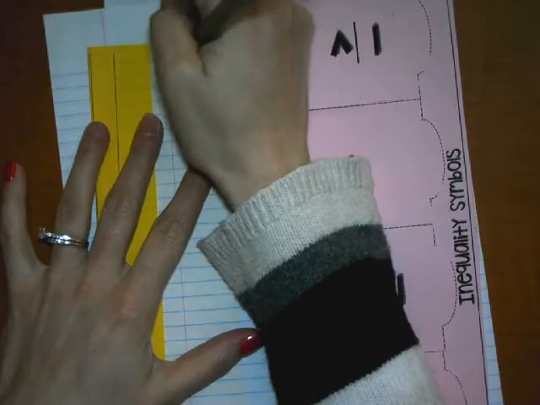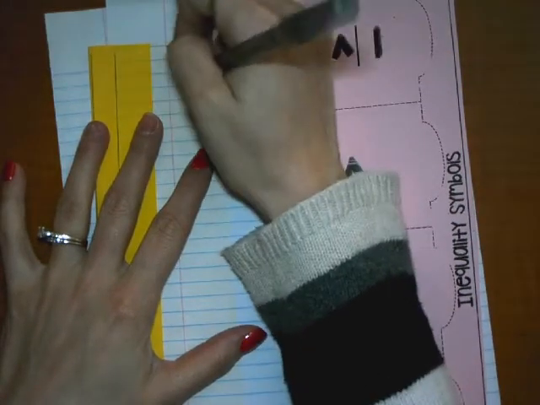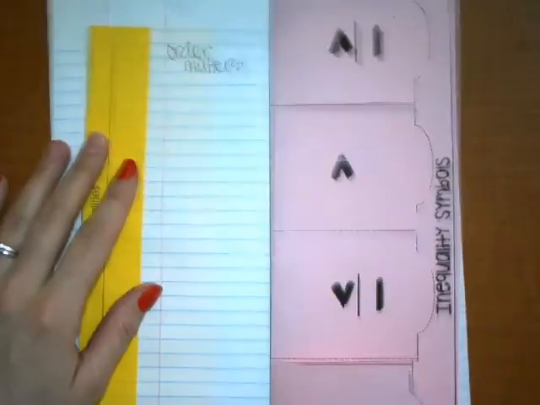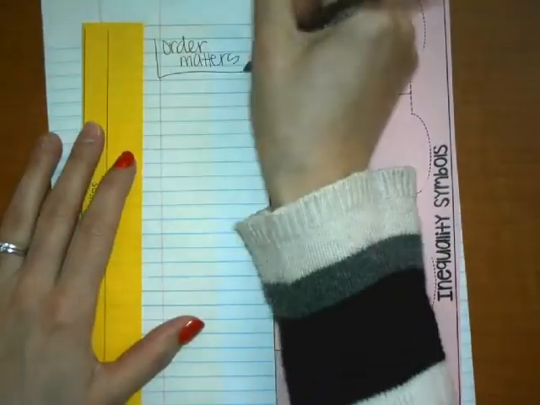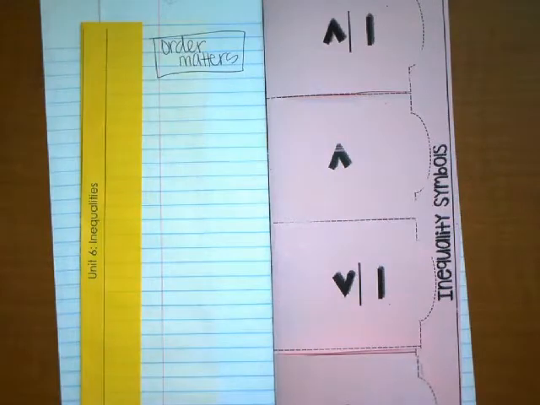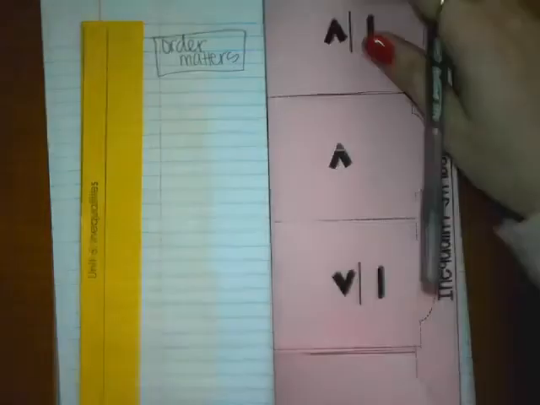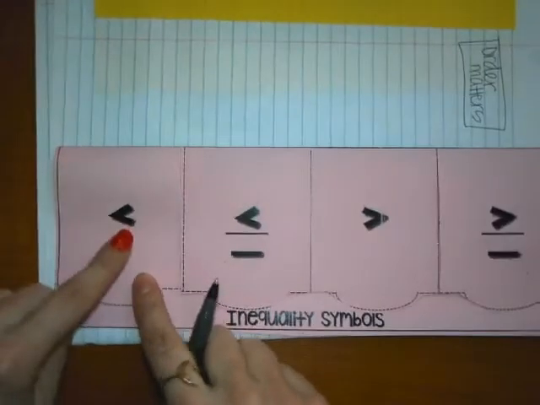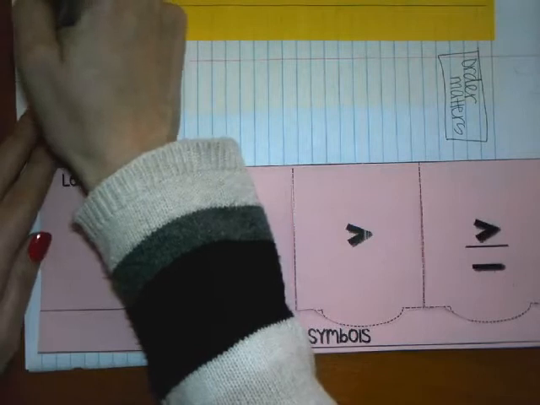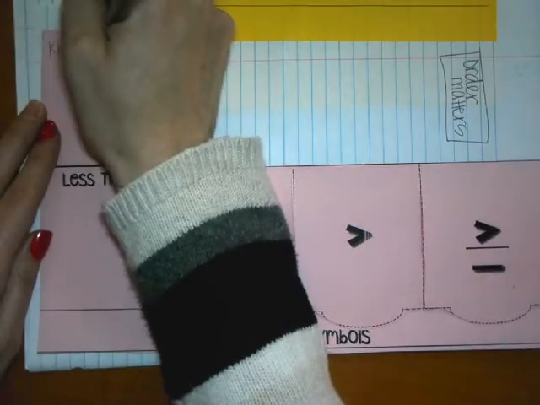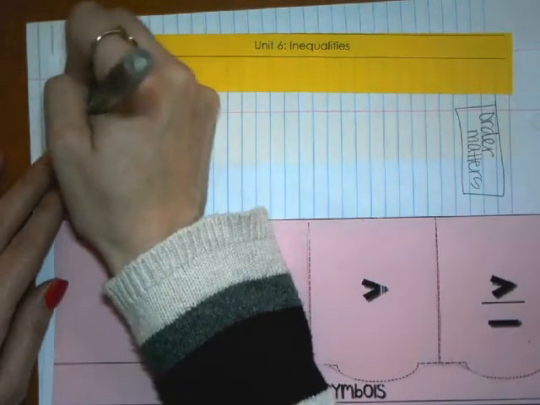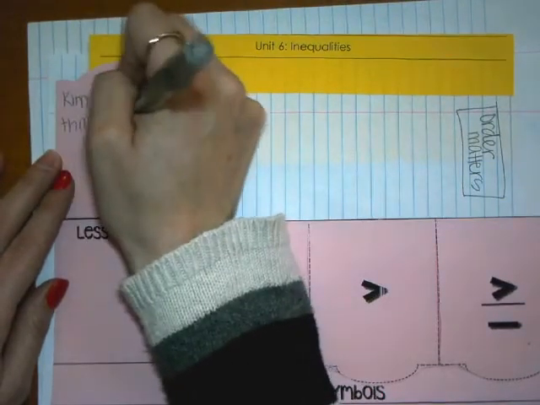So order matters. Okay, you must have the variable first. Have to, have to, have to. So when I have my less than sign, we could have a phrase that says Kim has less than $50.